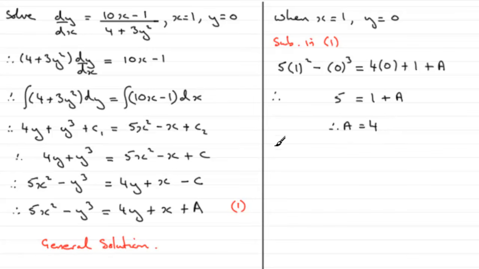So we can substitute this back into 1, and so therefore our general solution turns into what is called a particular solution. We end up with 5x squared minus y cubed equals 4y plus x plus the constant a, which is now seen to be 4. So we have our particular solution. Let's just put that in there as the particular solution.